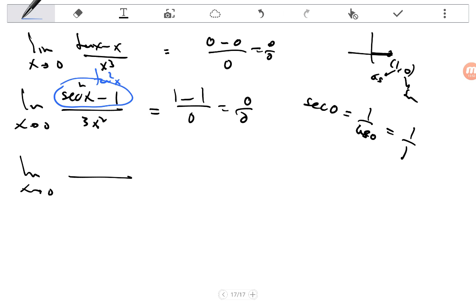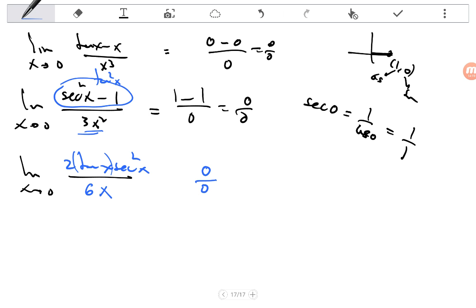Now, if I make a derivative, what is the derivative of tan squared? It is 2 tan x sec squared x: 2 tan x power 1 times the derivative of tan, which is sec squared, over the derivative of 3x squared, which is 6x. Now, if I apply x approaching 0, tan 0 is 0 and 6x is 0.